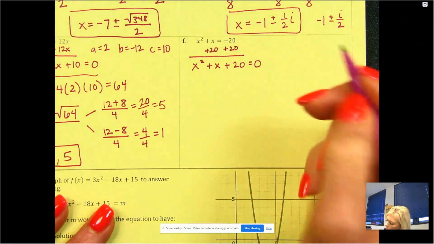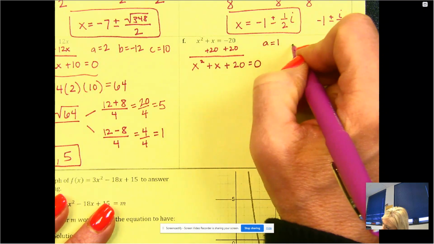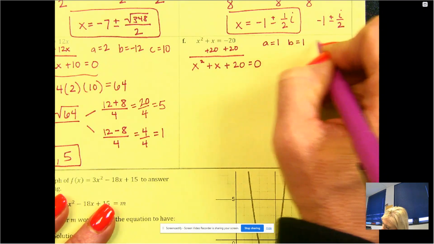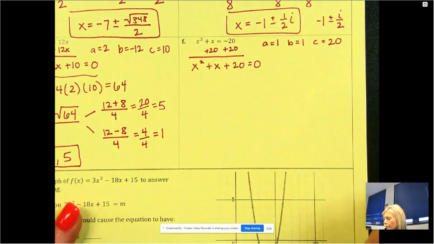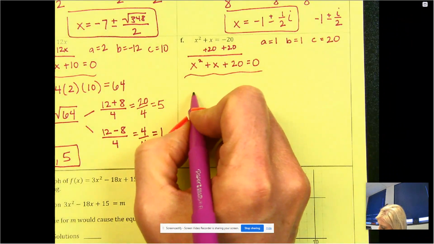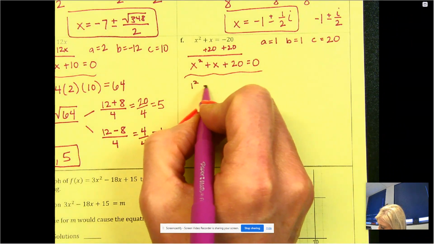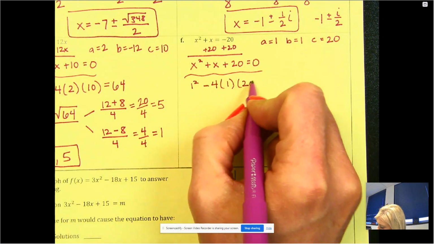And so in this equation, I'm going to use the quadratic formula. A is 1, B is 1, and C is 20. So I'll start by finding B squared minus 4 times 1 times 20.